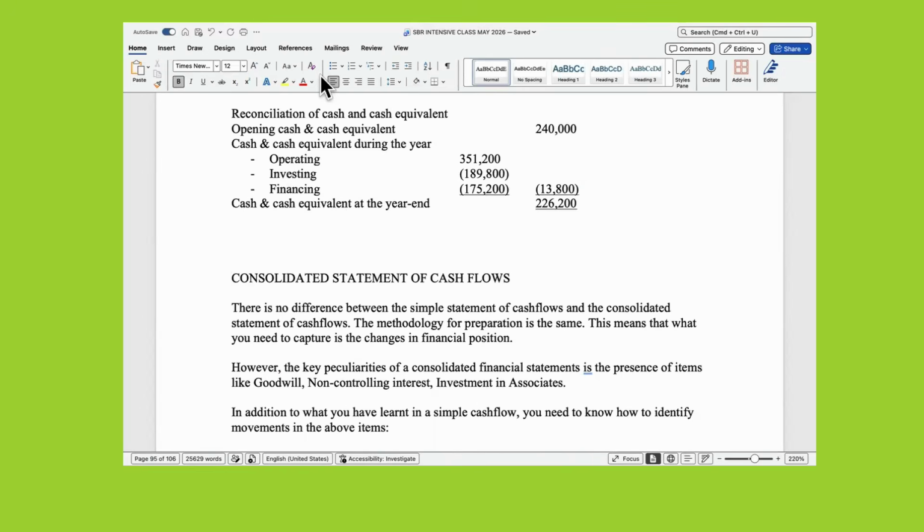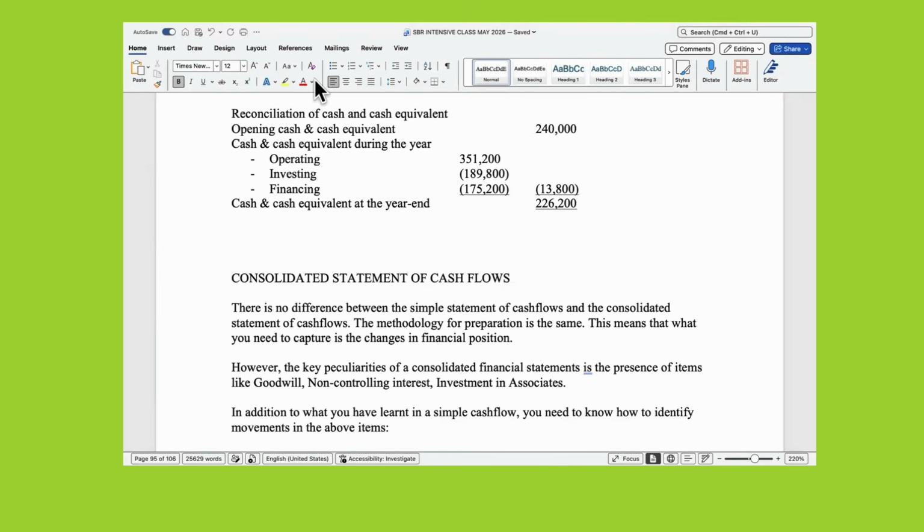But in the area of indirect method, I think the area of indirect method is the same with the consolidated, except that we do not have NCI and parents.